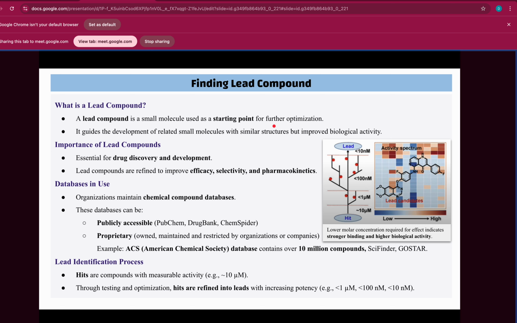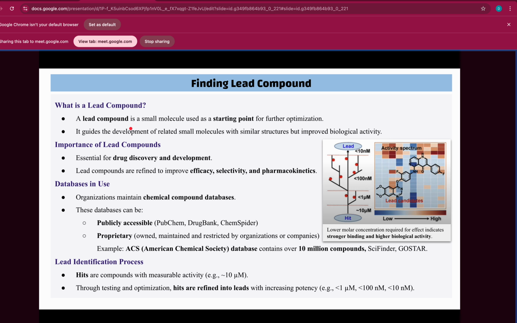Generally, there are multiple steps in the drug discovery process, and there are different types of drug discovery. One type is knowledge based, in which we already know the drug, and now we are optimizing it to improve its activity. In such a case, this lead compound is already known, but we try to optimize it as much as possible.